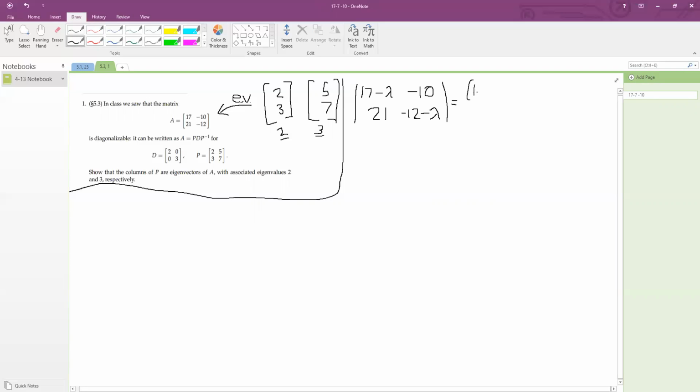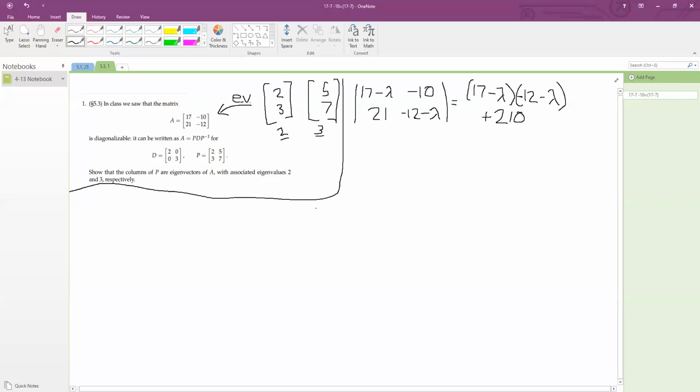We first go on the main diagonal, 17 minus lambda times -12 minus lambda. And then we subtract the product of the off diagonal. So we have -10 times 21, so that's going to be -210. And then we're going to add that because it's subtracting a negative number.